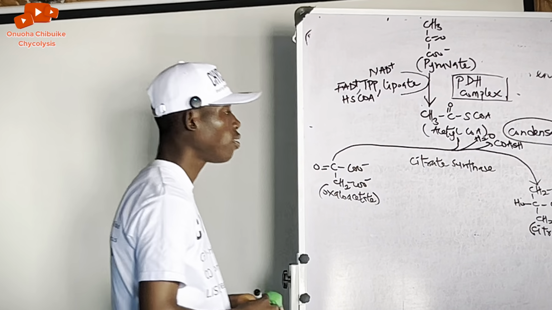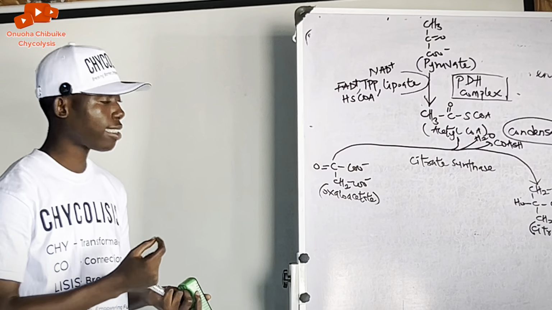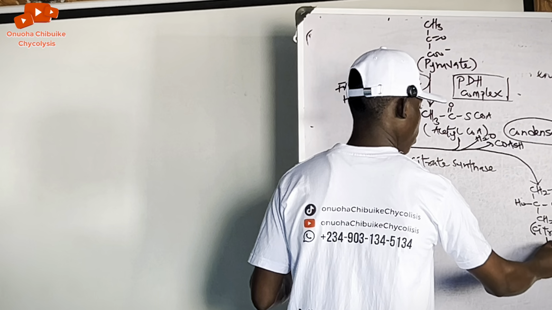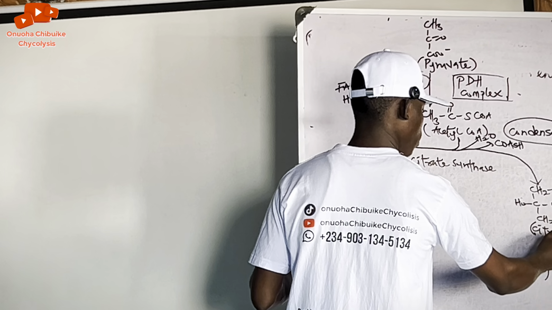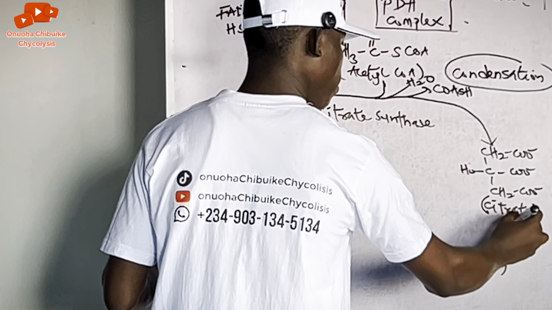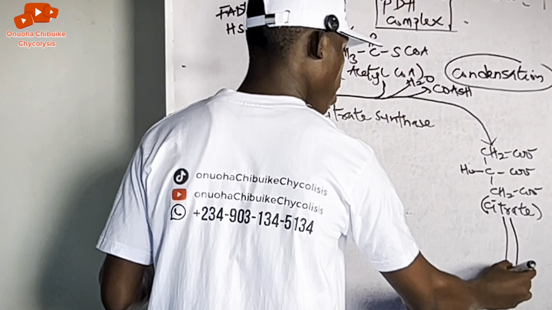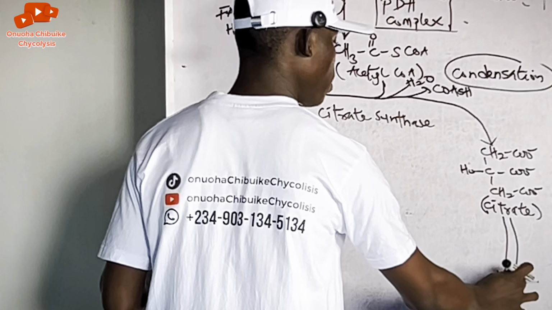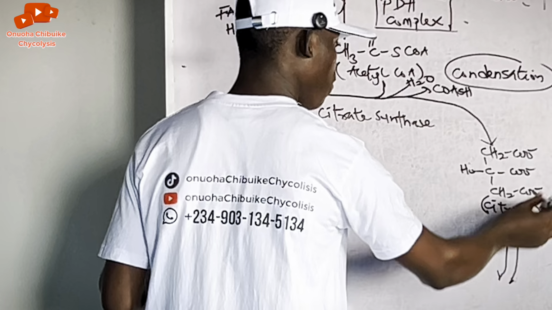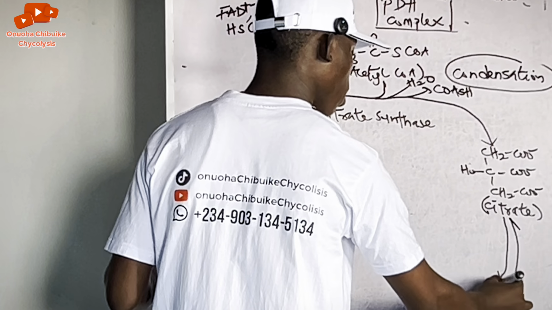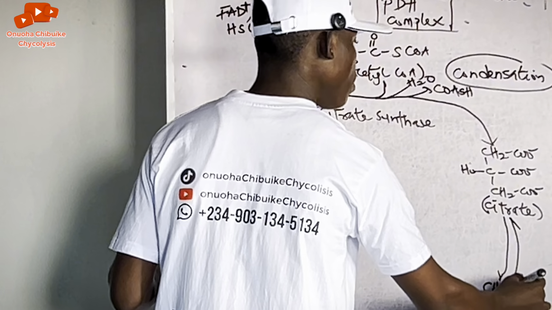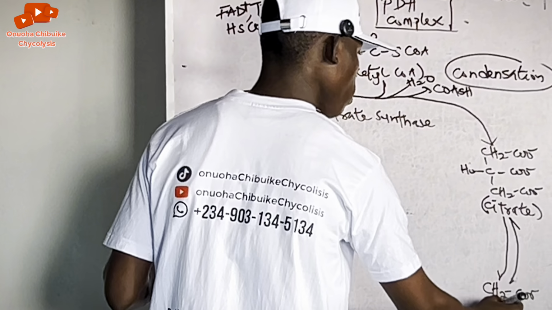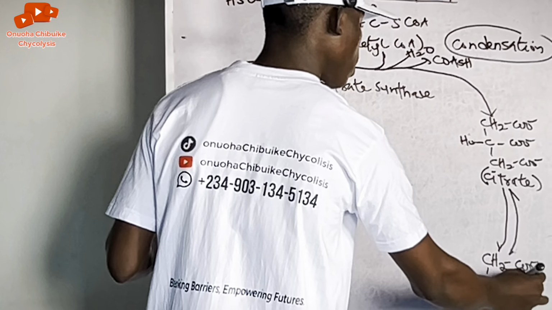Step 2 converts citrate to isocitrate. So this step 2, we have 2A, which involves the dehydration of citrate to what we call cis-aconitate.